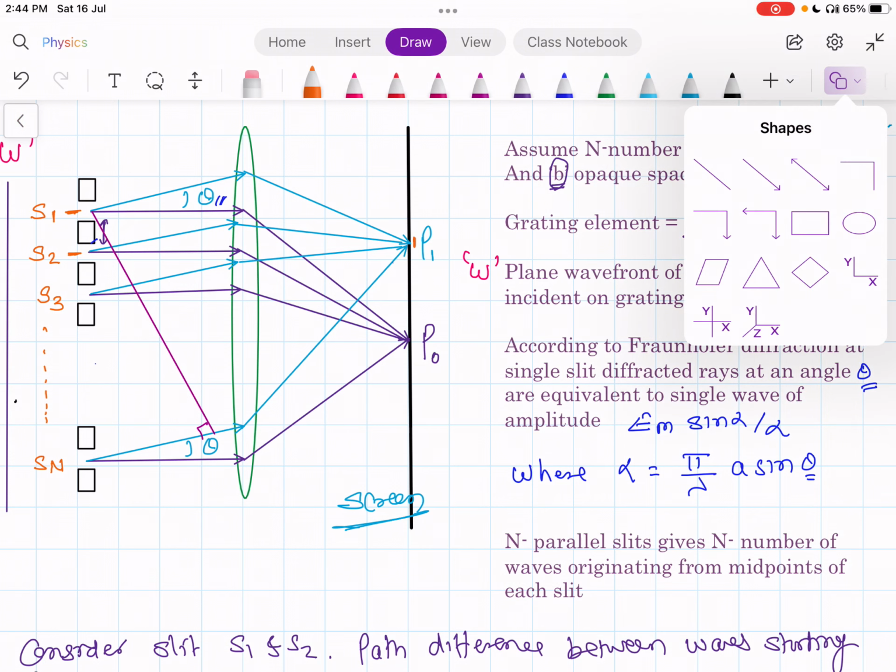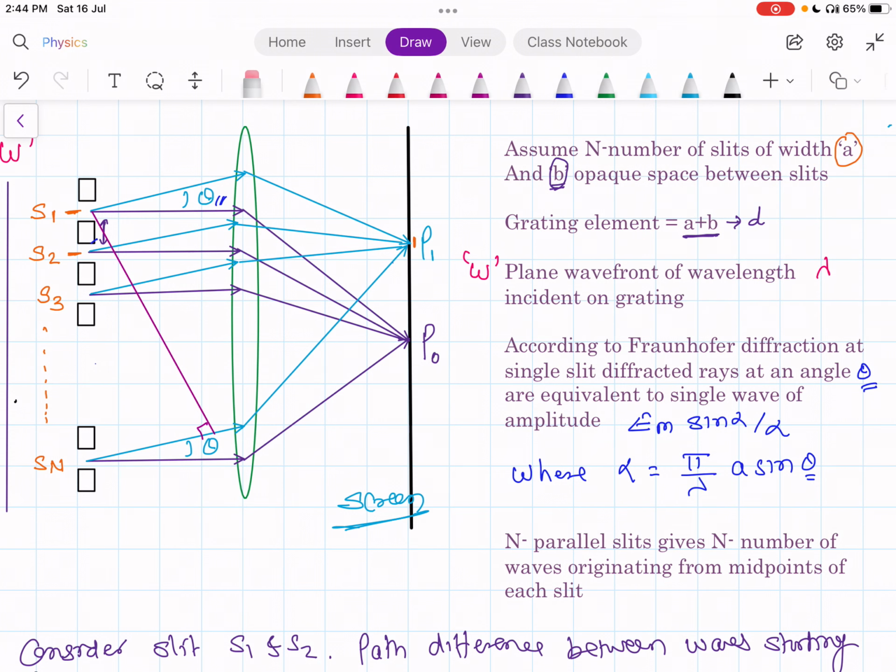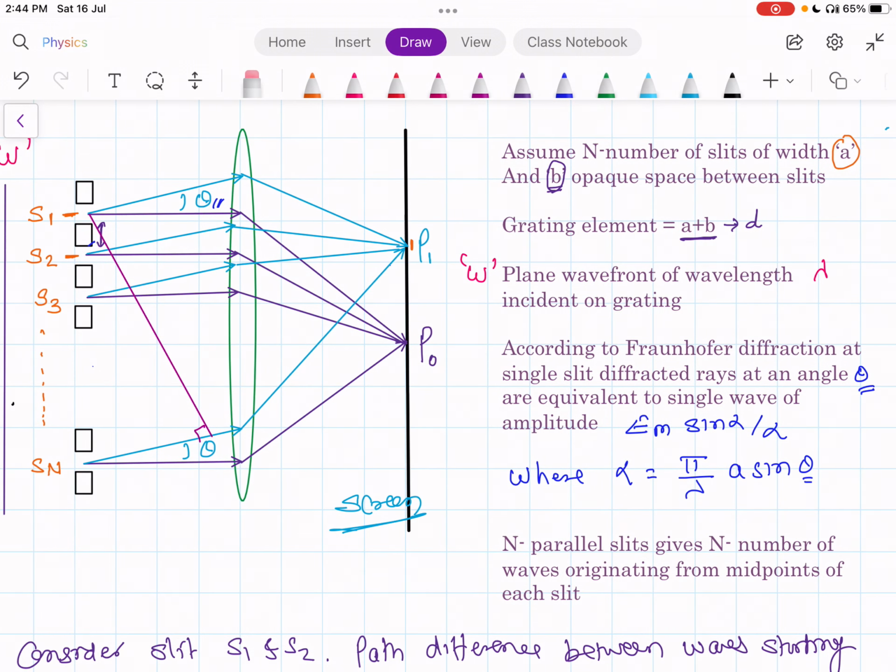Now we know that the distance between the center of slit S1 and the center of slit S2 is equal to A plus B, and the angle is theta.